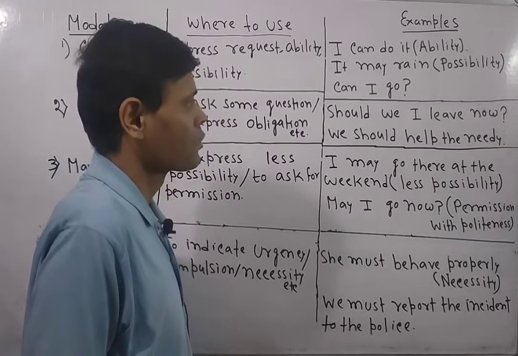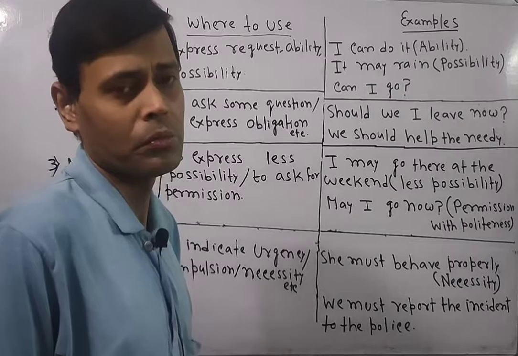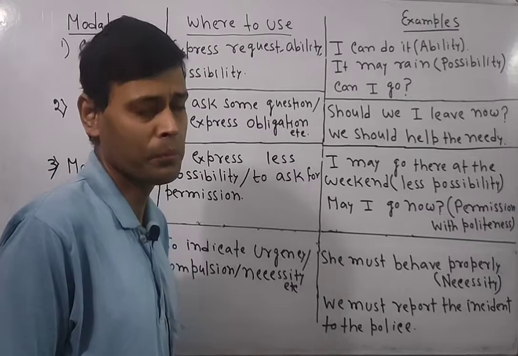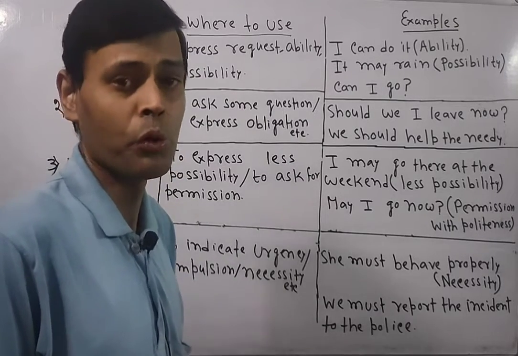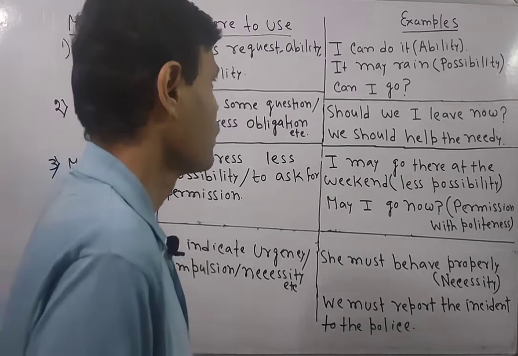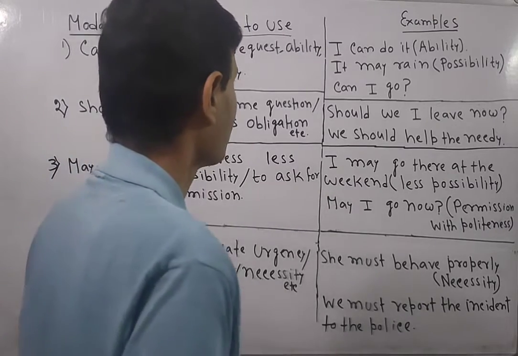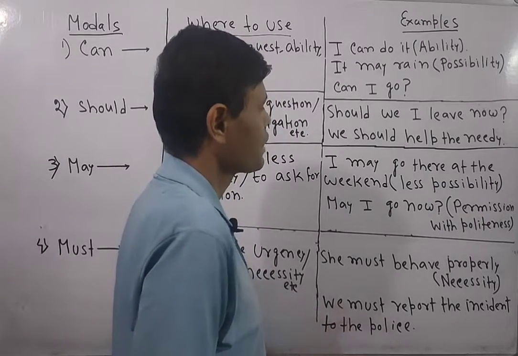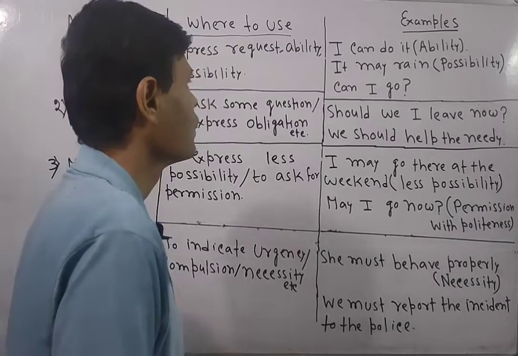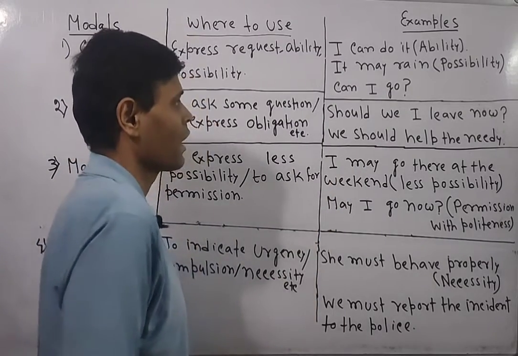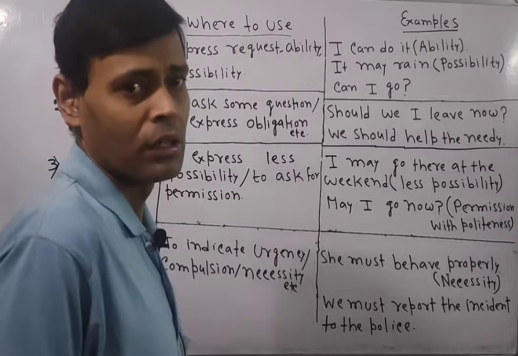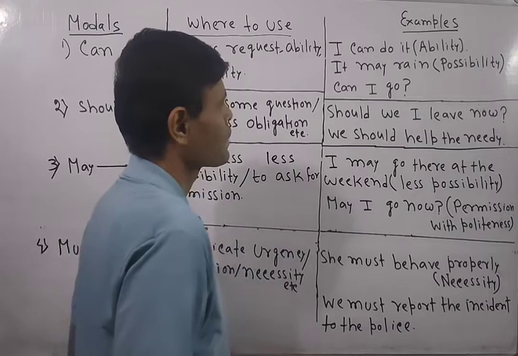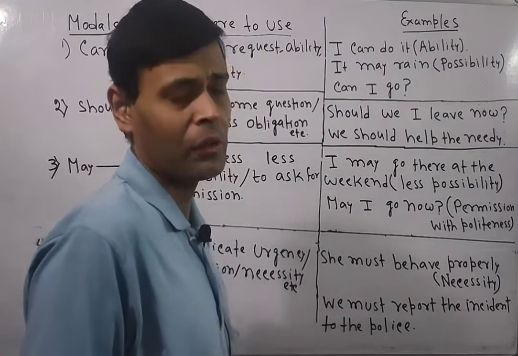It may rain. Whenever you use the modal auxiliary verb can to indicate possibility, it means more possibility, not less. So here is the question, if I place it may rain, intentionally I have written may here, though it should be can. This means we can easily replace may with can or can with may.